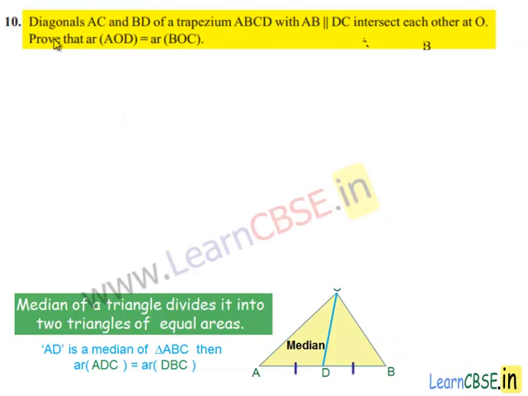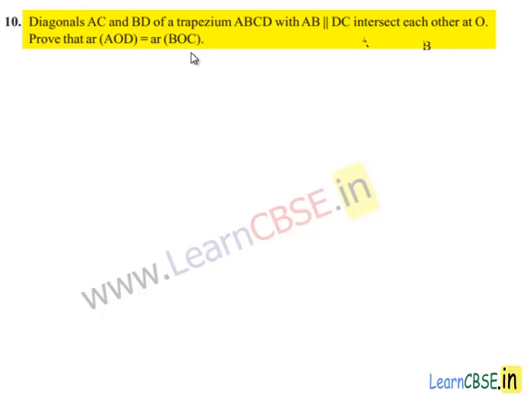Moving on to 10th question. Diagonals AC and BD of trapezium ABCD with AB parallel to DC intersect each other at O. Prove that area of triangle AOD is equal to area of triangle BOC. Now moving to the solution.